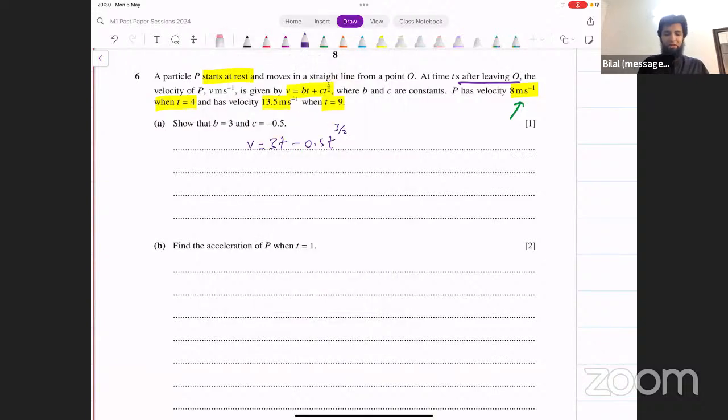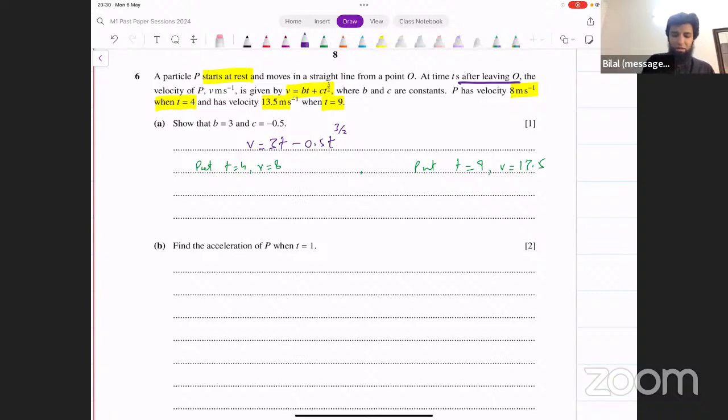You say v equals 3t minus 0.5 t raised to power 3/2. And now let's just check if these two given values satisfy this equation or not. One value is t equals 4 and v equals 8. Input this here and see if the equation is satisfied. And then again, you input t equals 9 and v equals 13.5 and see if this pair also satisfies this equation.